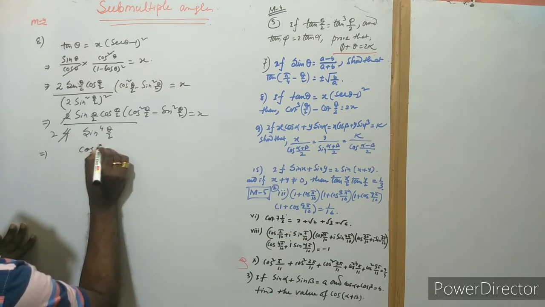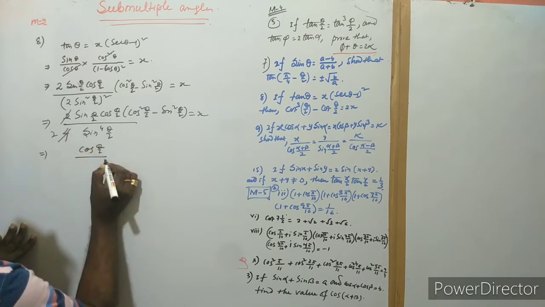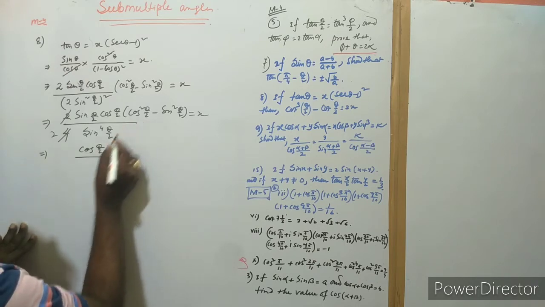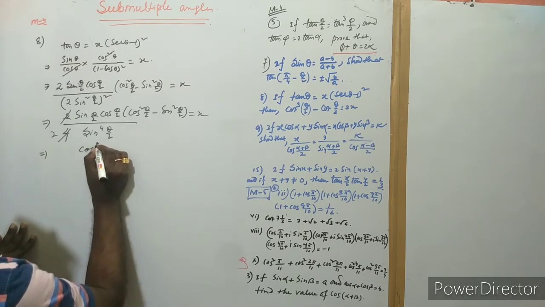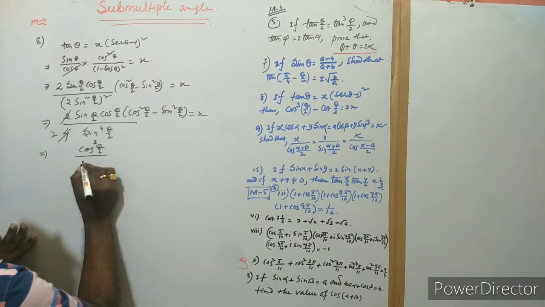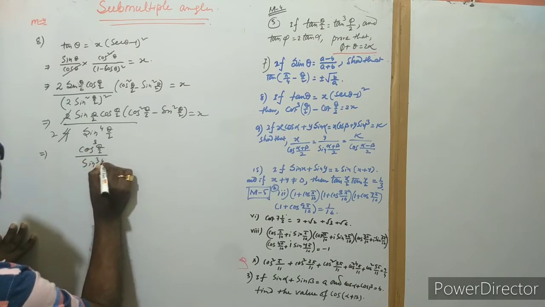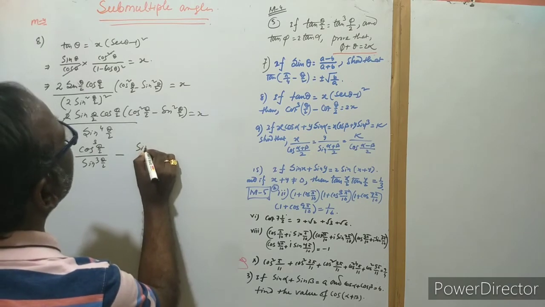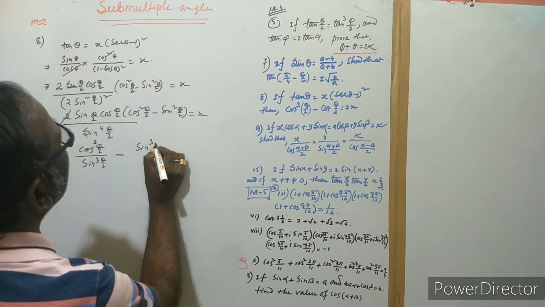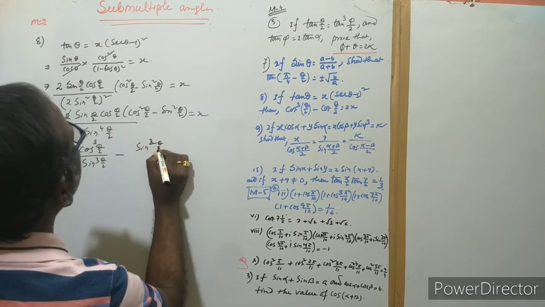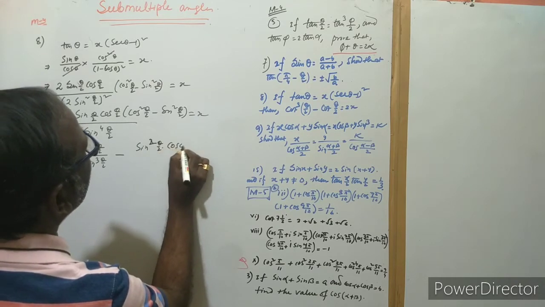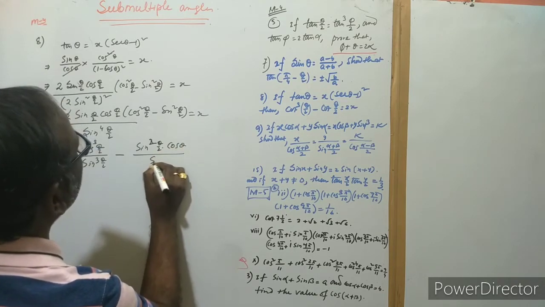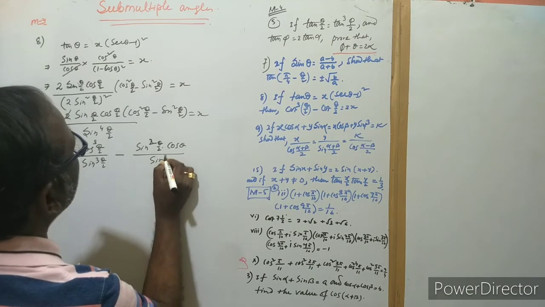This is here cos theta by 2 and also multiply with this is cos cube, and by sin cube actually, and multiply by this we get here sin square theta by 2 into cos theta whole divided by sin to the power cube theta by 2.